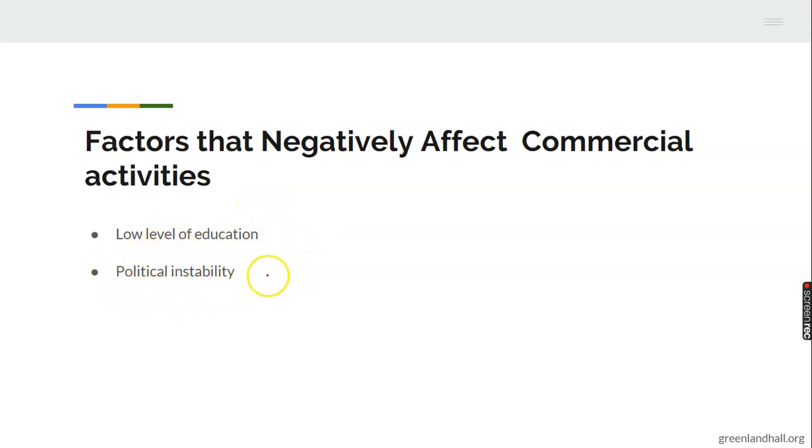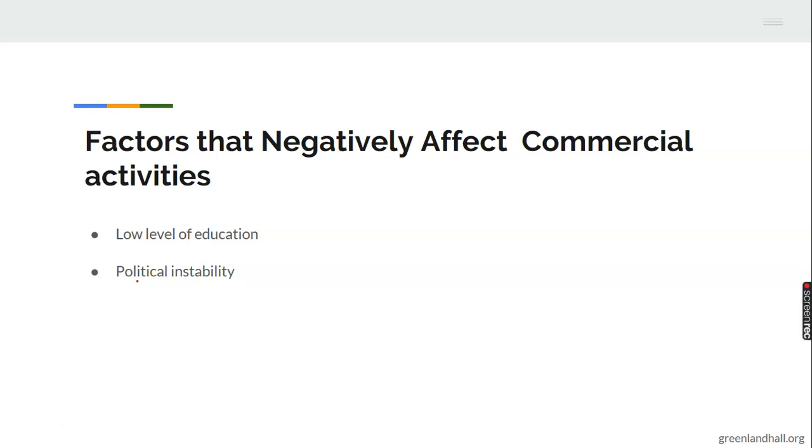Then we equally have political instability. So political instability was a common thing in our society before now.